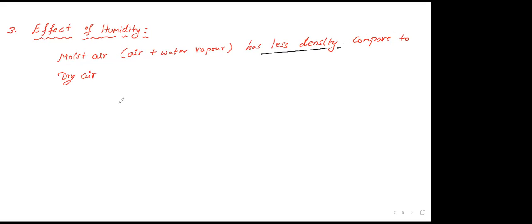Therefore, what happens here? In the formula, we know that V is inversely proportional to the square root of rho, correct? Since the formula is V is equal to root of gamma P by rho. So here V is inversely proportional to rho, where rho means density. When density decreases, its velocity increases. The velocity of sound will increase.